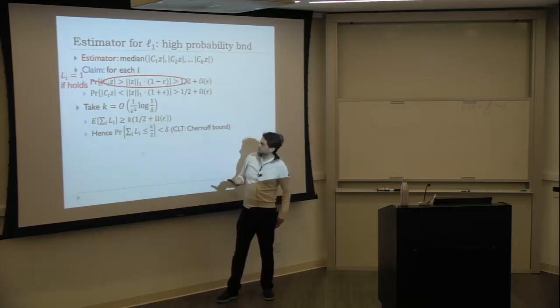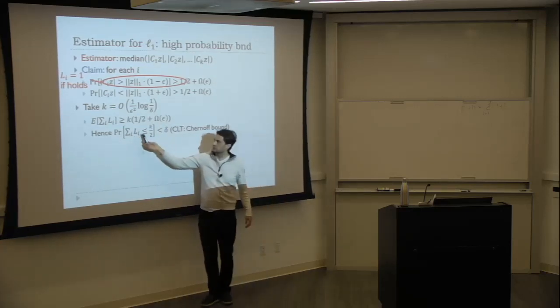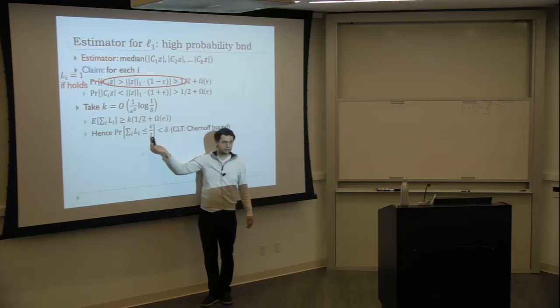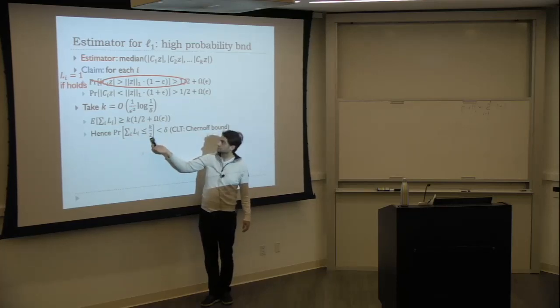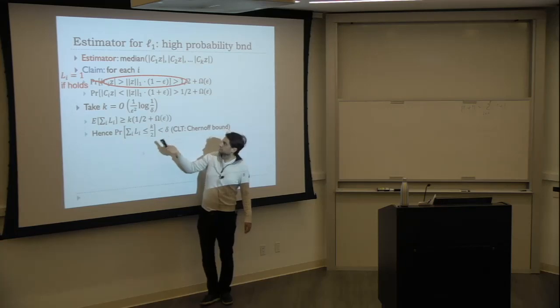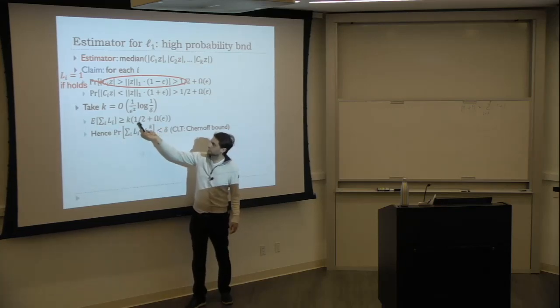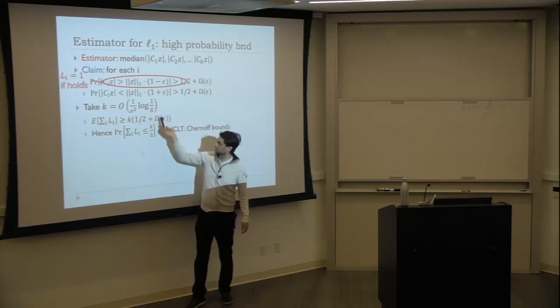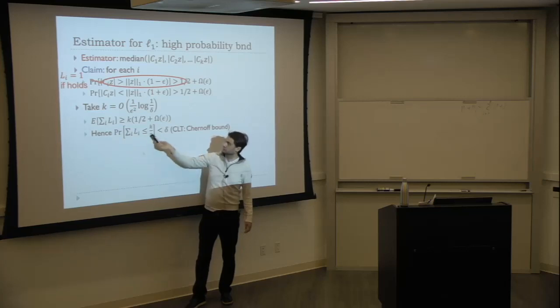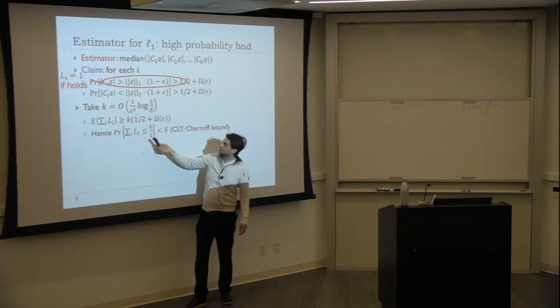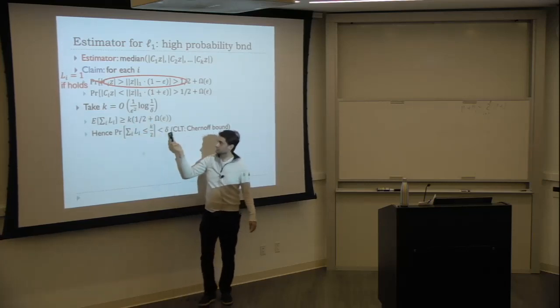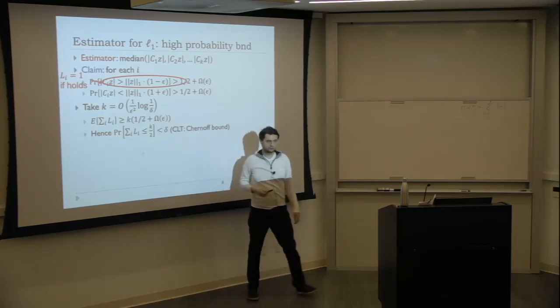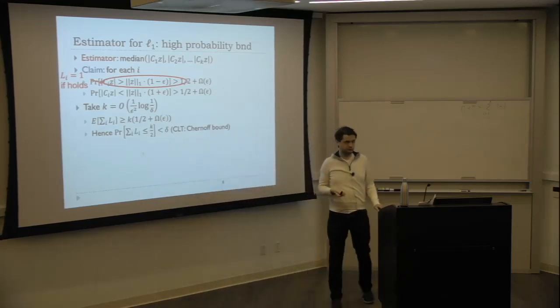So the expectation is a little bit more than k by 2, by this epsilon k. What is the probability that the summation is smaller than k by 2? Well, for this choice of k, it is less than delta, and this follows from just a standard Chernoff bound or central limit theorem.